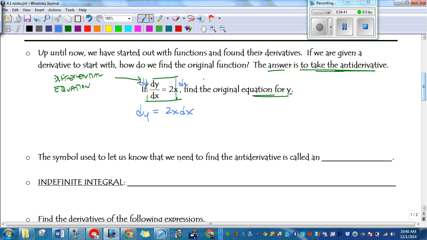After the variables are separated, we need to take the antiderivative. Just like there's a symbol to tell us when to take the square root, there's a symbol for the antiderivative, and it's called the integral. The symbol looks kind of like a tall, skinny S.